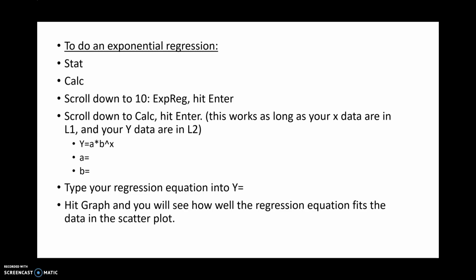But to do a regression, now we're going to do an exponential regression. To do a regression in general, we'd hit Stat, move over one column to the Calc column, and there's a whole bunch of regressions there. We would scroll all the way down to number 10, exponential regression, and hit enter.